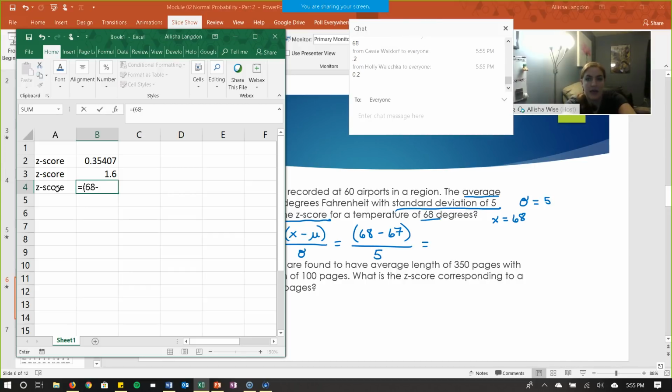Minus 67 divided by 5. It should be 0.2. My guess is be careful of those parentheses around the top.